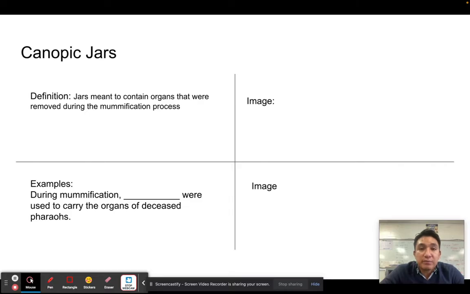So they made sure to place them in those jars. Each one of these jars had a specific head of a god and a specific purpose, which you will learn about later on as we continue through this lesson. Here's our example sentence that I need you to fill in the blank for.